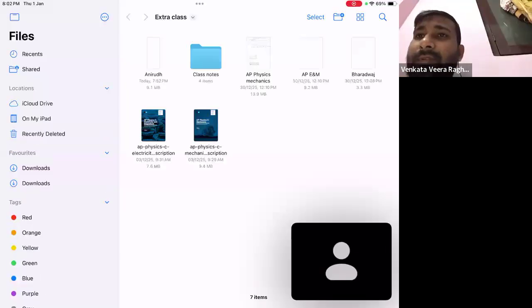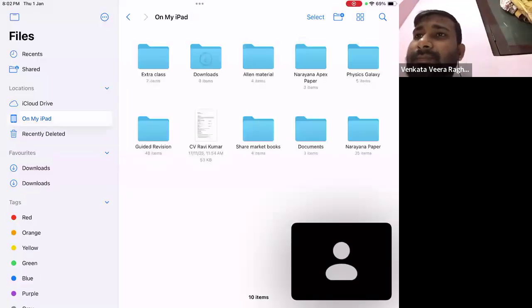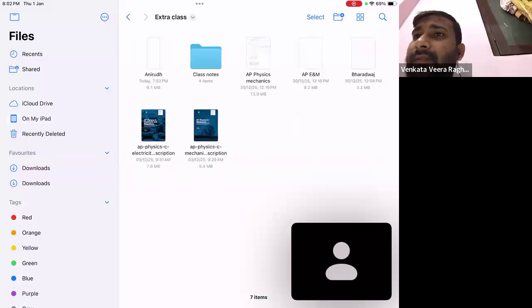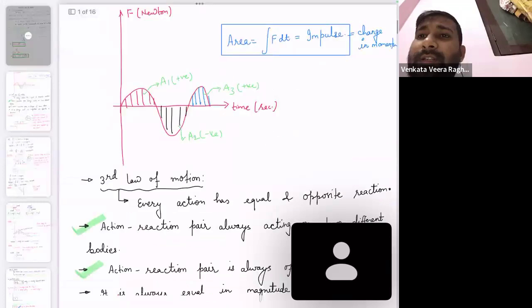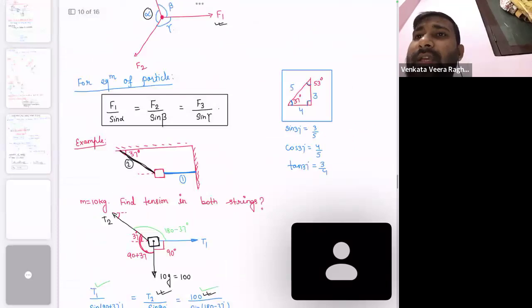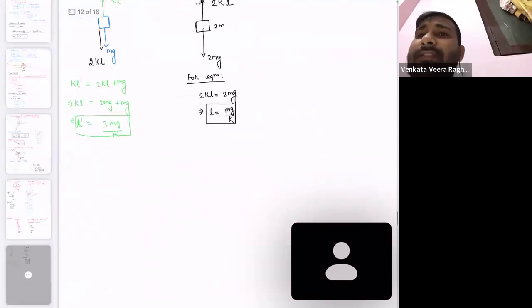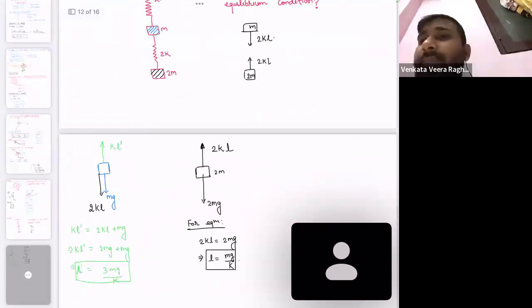Okay, let's start now. So we have discussed up to the different types of forces, isn't it? The spring force was the last one we discussed, and then we were discussing the equilibrium questions.